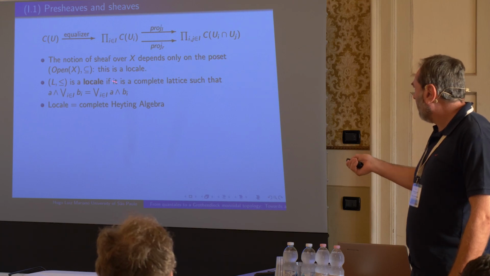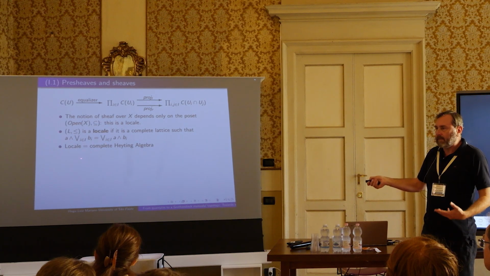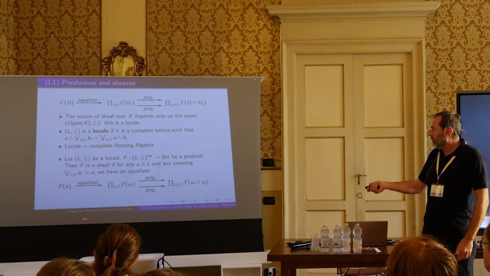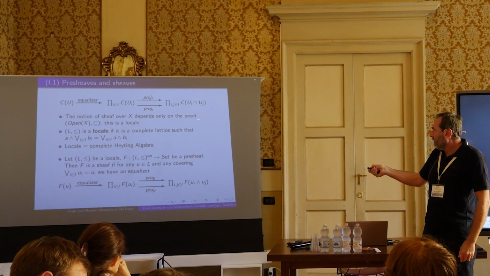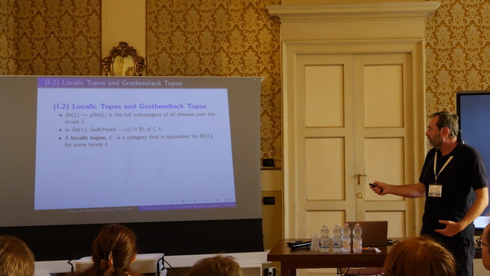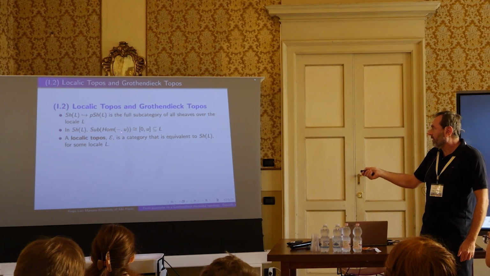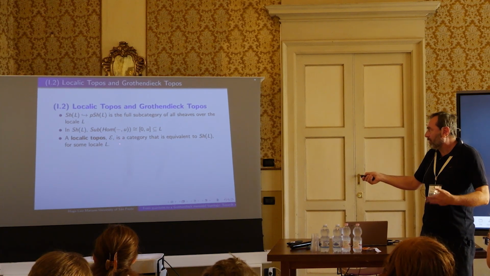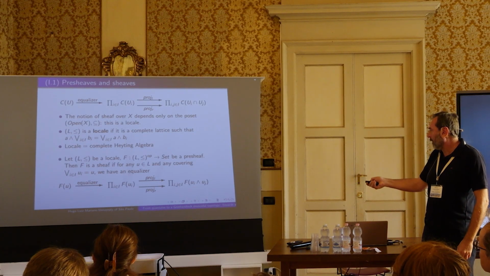As we saw, a locale is just a complete lattice satisfying this distributivity law. It's the same thing as a complete Heyting algebra. And we can reformulate the notion of sheaf over a locale as the same diagram, replacing intersection by meet. And a localic topos is just a subcategory of the presheaf category of all the sheaves satisfying this property.